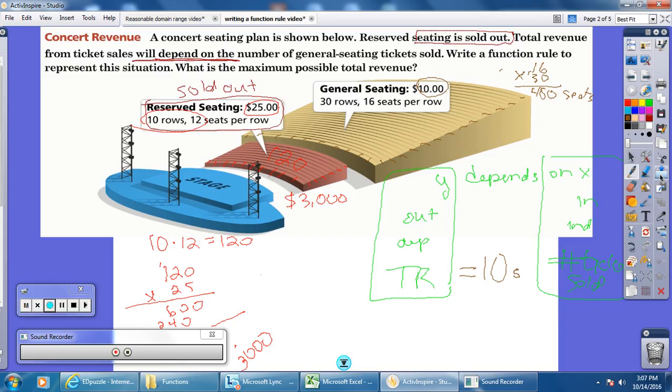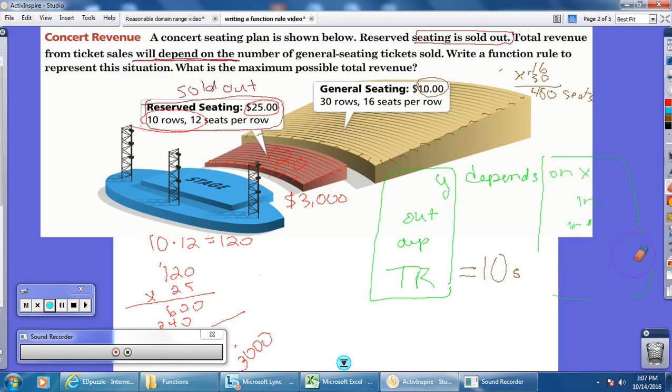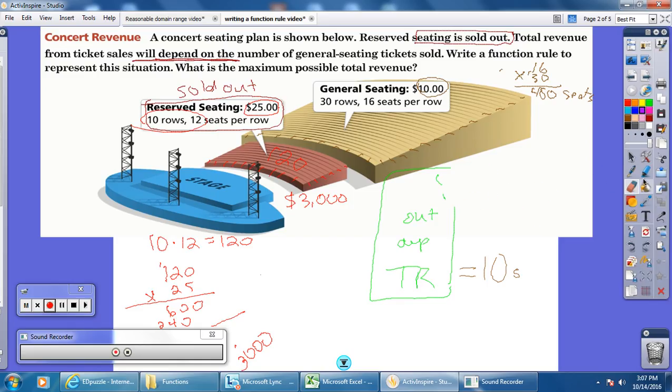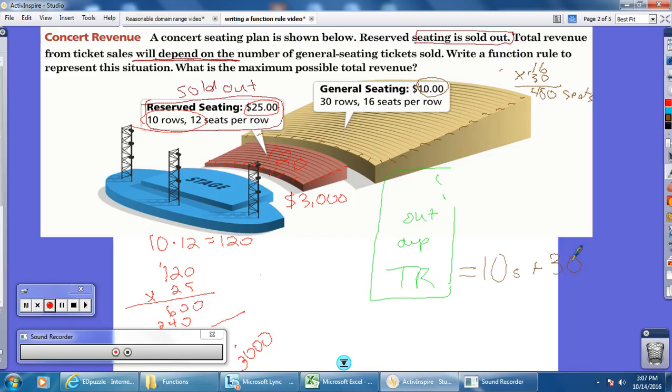So let me erase all this over here. Plus $3,000 of the tickets that's already sold, okay? So, it's $10 per seat because we don't know. We know there's 480 seats, we just don't know how many seats are going to sell. So it says write a function rule, we just did that. We did the total revenue equals $10 times each seat plus the 3,000 that are sold out.